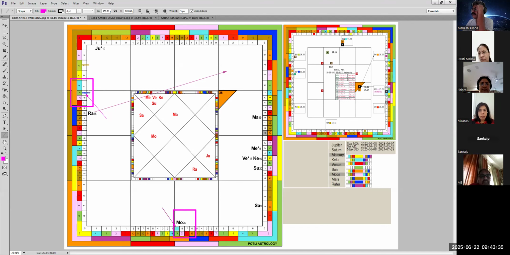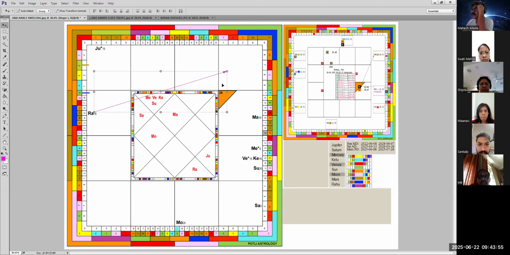So is Rahu exactly plumb on top of the Moon over there? The blue thing that I've shown is the natal Moon. I'll erase all this so it will be clearer for you. Who has not understood?